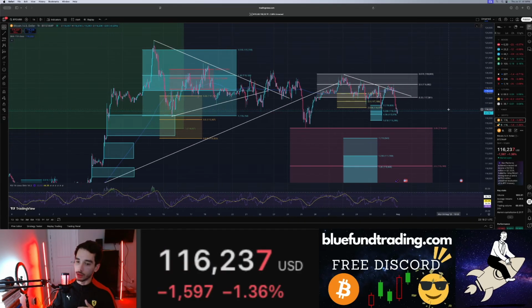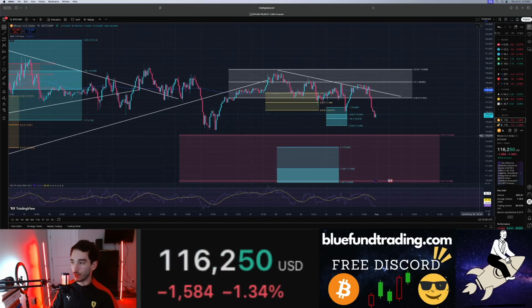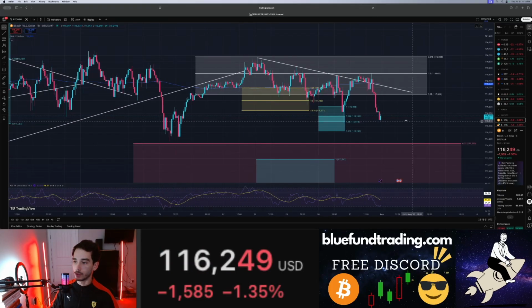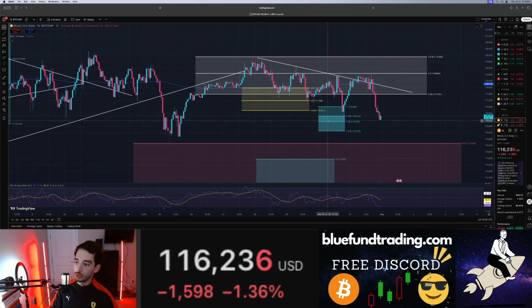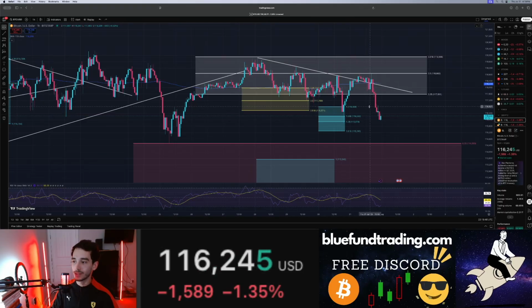Now, on top of that, it overlaps with a lot of macroeconomic stuff I've talked about in previous videos, so I'm not going to go over it again. But basically, I kept saying in previous videos, as we continue to move down lower, we have new short-term support areas to keep an eye on. These allow the price to have a continuation of the downtrend by having these bullish corrections within it.